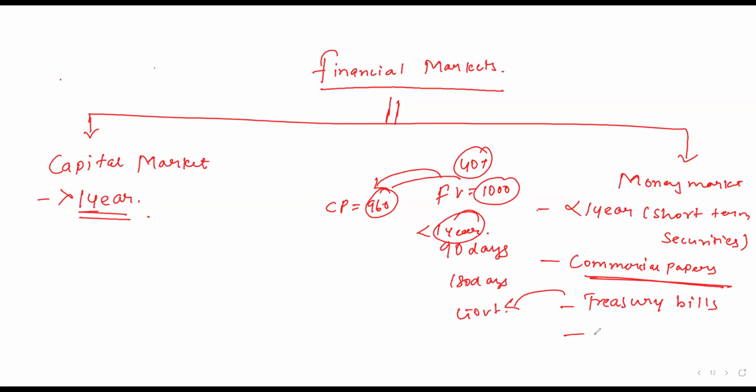Then there are short-term bonds with 1 to 5 years maturity. There are medium-term bonds with 5 to 12 years of maturity, and then there are long-term bonds with greater than 12 years of maturity. Now, bond can be zero coupon bond.